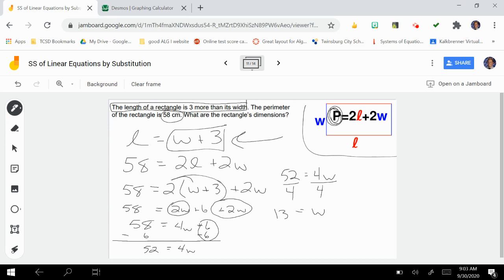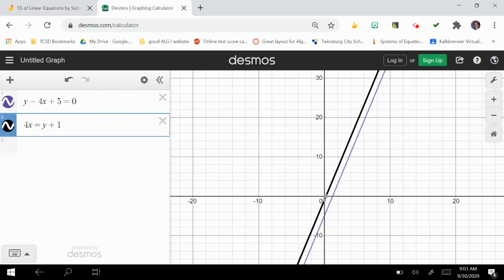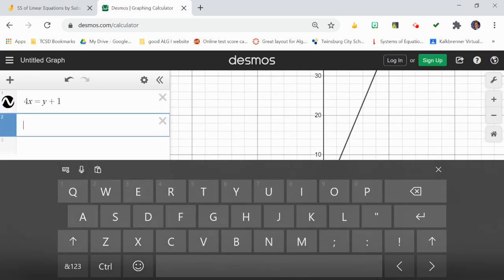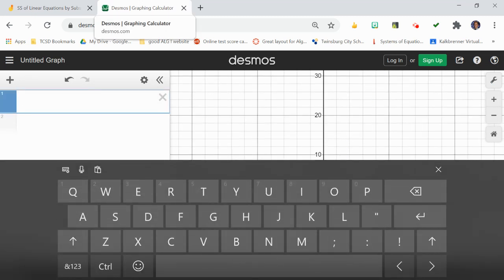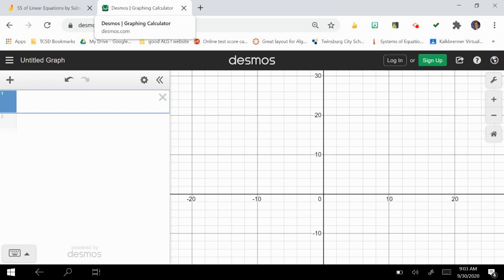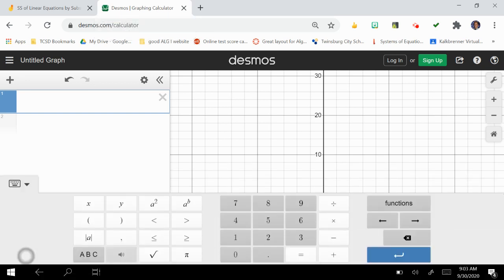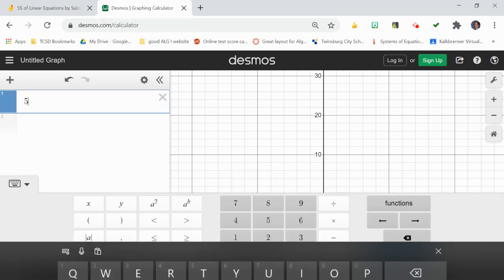All right. So now we have to find the length. And if you recall, what's our length? From over here, it's W plus 3. Right? Just check my math.